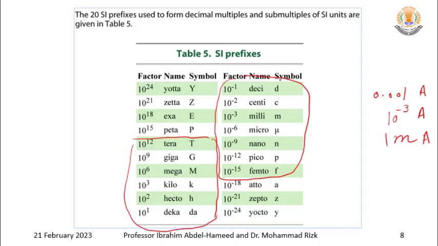Also milli, small m, not meter. How can I differentiate? Normally we have the symbol and the unit. But if you have m alone, it means meter. But you can have millivolt, milliamp, and so on, milliwatts. You have micro, 10 to the power of minus 6, nano, 10 to the power of minus 9, pico, 10 to the power of minus 12, and femto, 10 to the power of minus 15. So we are working in this range, between tera to femto or pico. Clear? Okay.